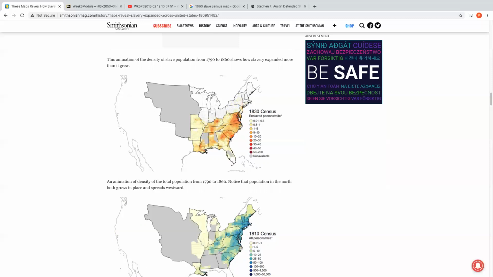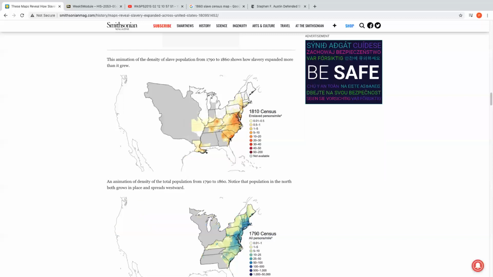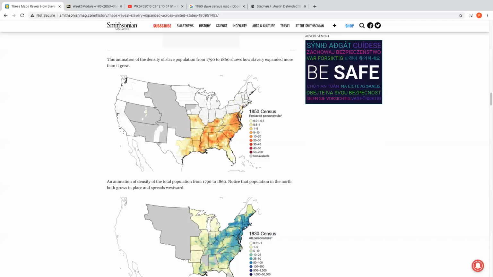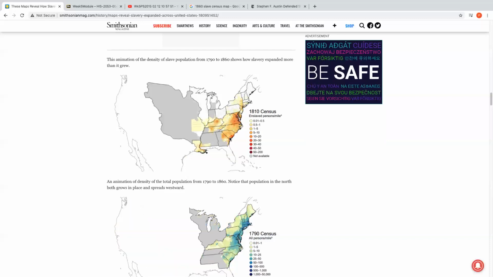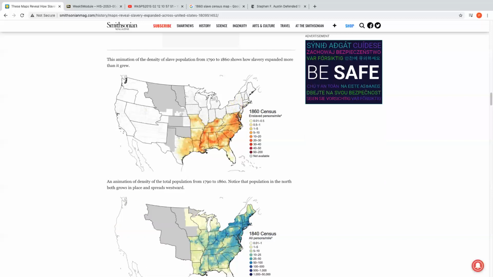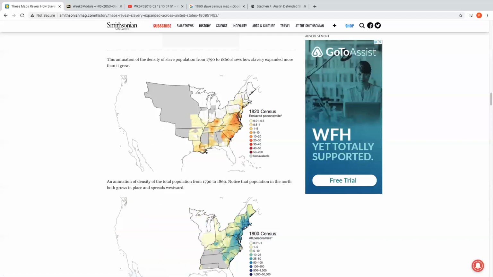There's quite a bit of information on slavery. And computers have been historians' friends in this way, because we can enter in this information and get a better sense of it. We always had a general sense. I don't think anything has really shaken our understanding of slavery, but now we can get a better sense of it.